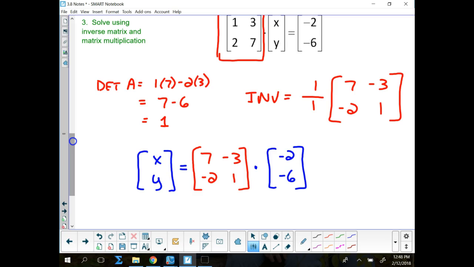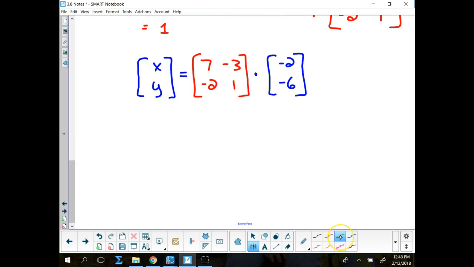Can I do that matrix multiplication? Yep. All right. So this becomes 7 times negative 2 plus negative 3 times negative 6, and negative 2 times negative 2 plus 1 times negative 6.